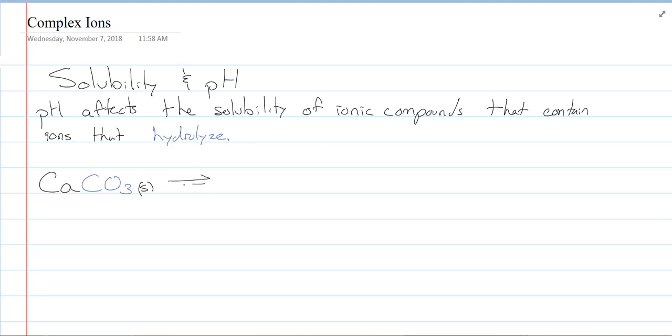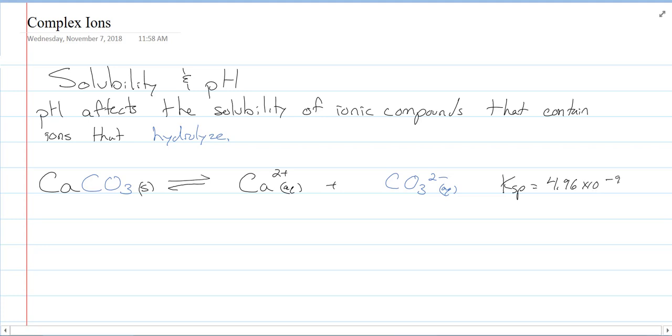And so this will be, we can look up in the back of the book, Ca2+ aqueous plus CO3 2-. KSP here happens to be 4.96 times 10 to the negative ninth.